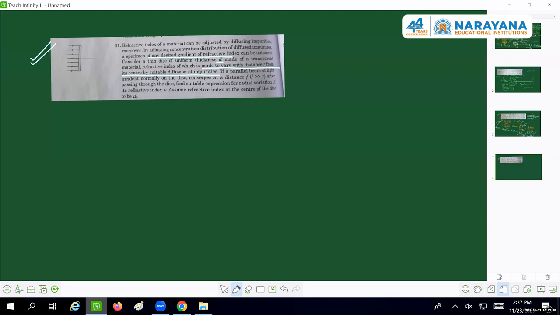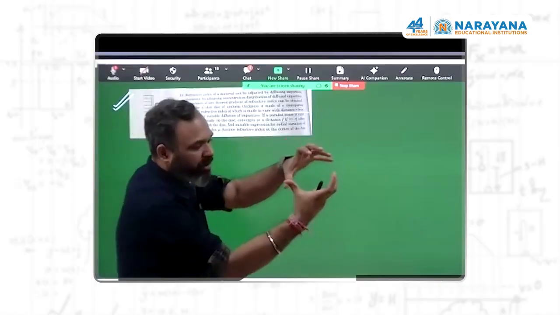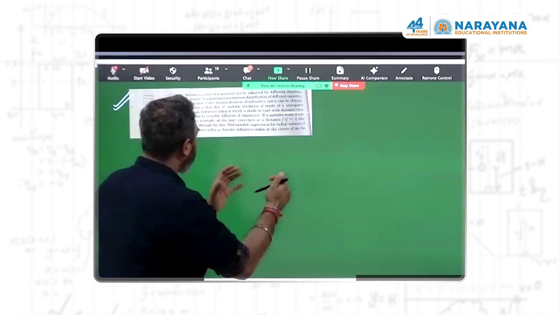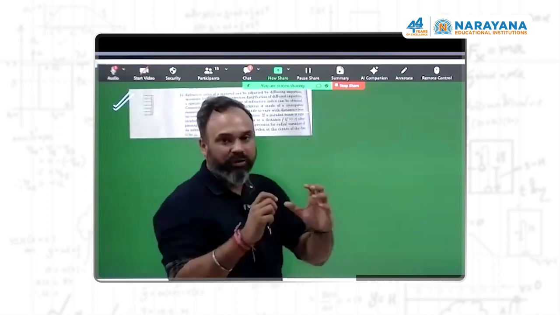Now let's focus on the core concept in the problem. The core is like this: if you are bombarding a parallel beam on a disc, it's like a cylindrical beam on a disc, and you observe that this beam converges at a distance of f. You have to observe the front view.